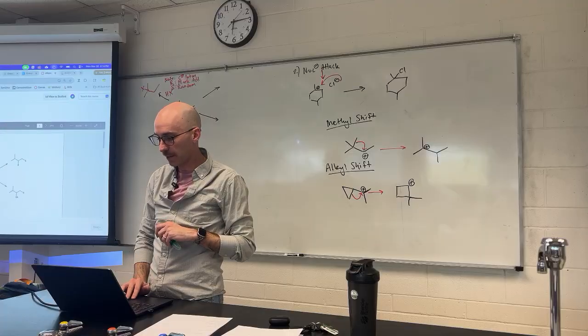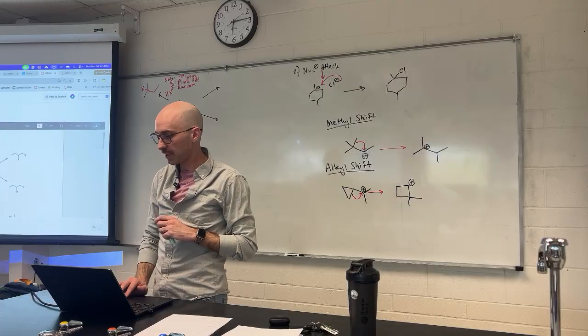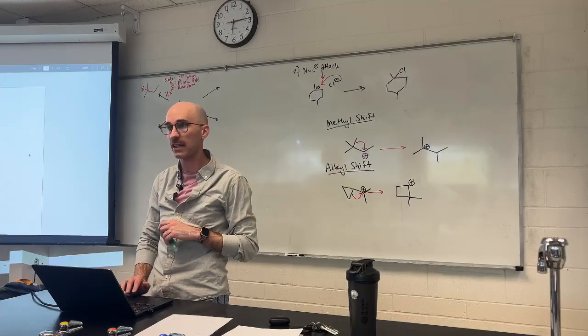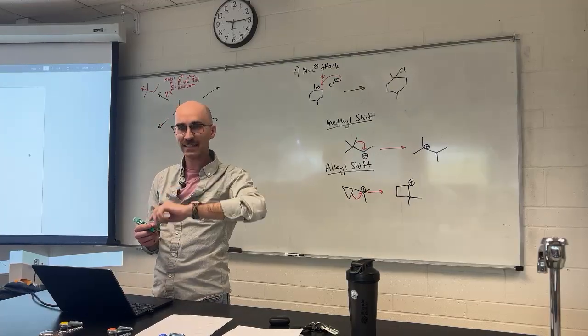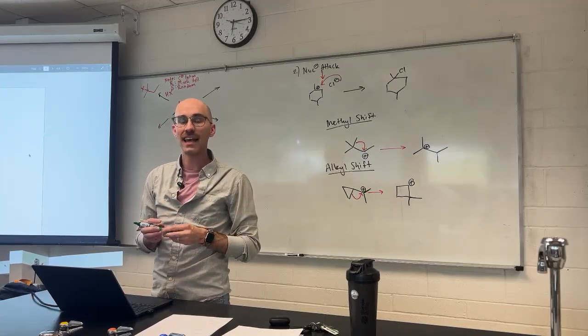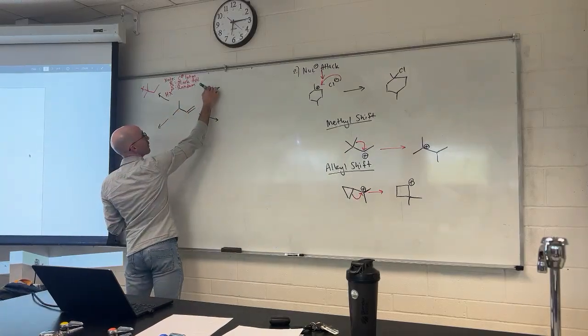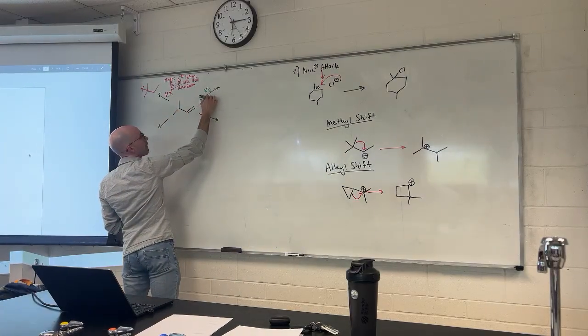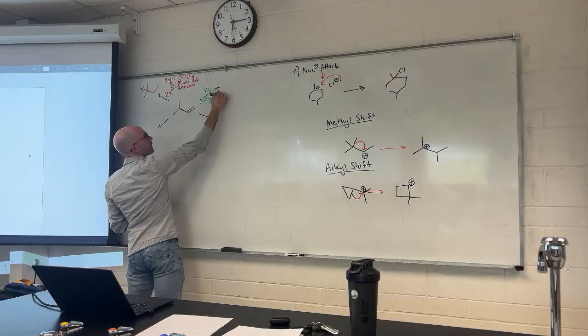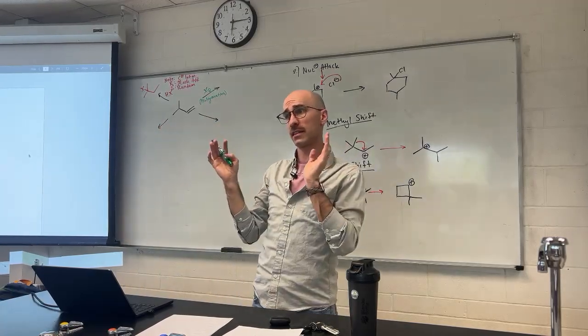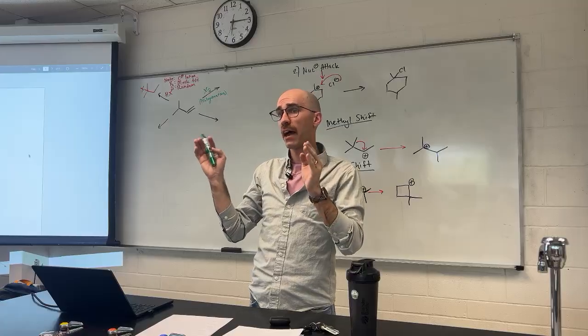All right, to the top right, you can see that this is not HX addition anymore because across my alkene, I've added two X's. This is X2 addition or halogenation. In a lot of places, you may see a solvent listed here, like THF.